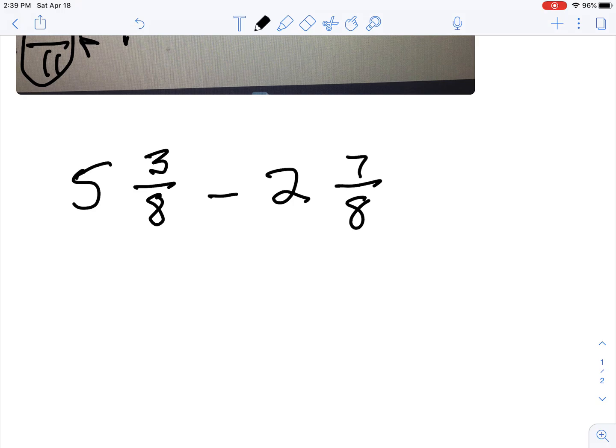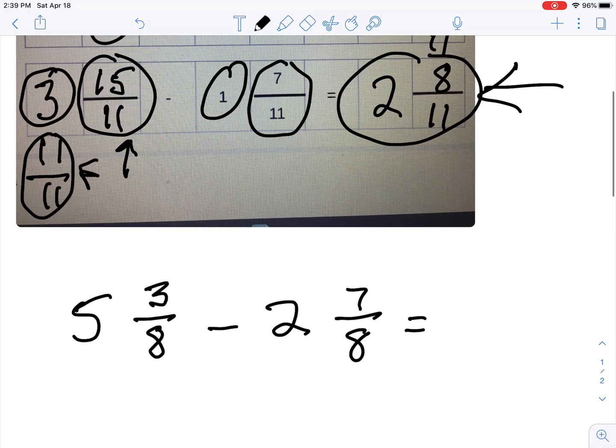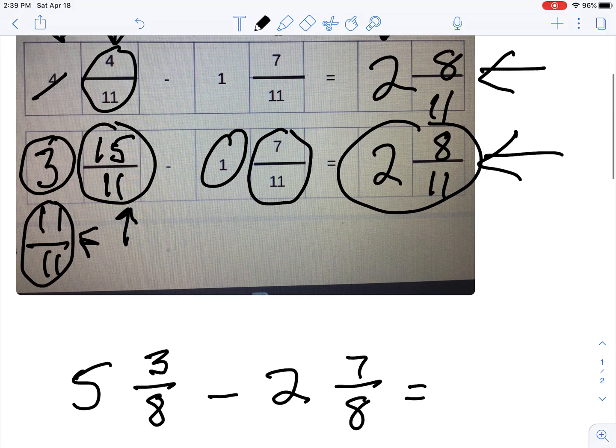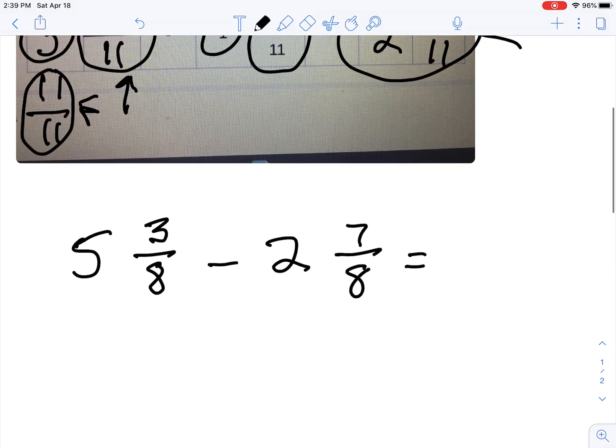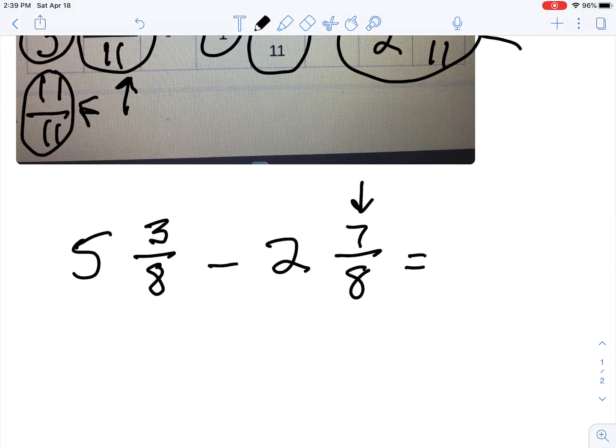Okay, so you know you're going to get a mixed number probably as an answer. And remember what to do. Go back, look at this example. Because note, I'm telling you right now, notice this fraction is bigger than this one. So you're going to have to borrow from your larger whole number.